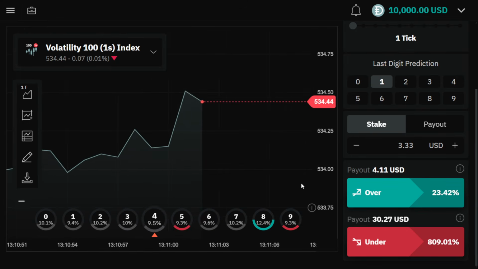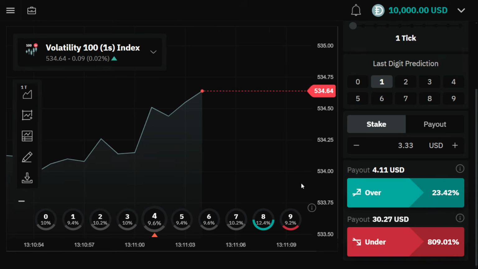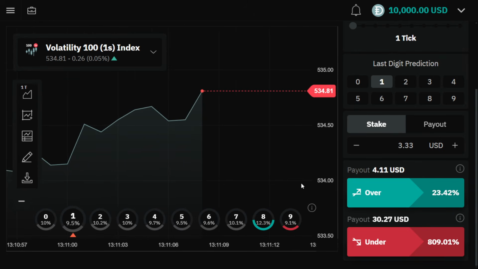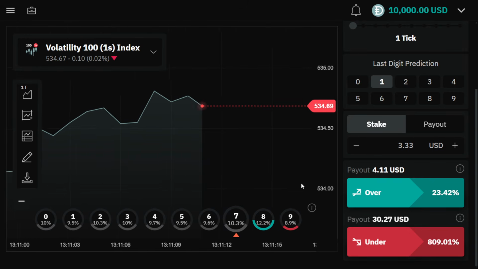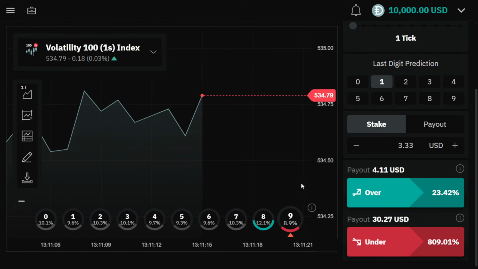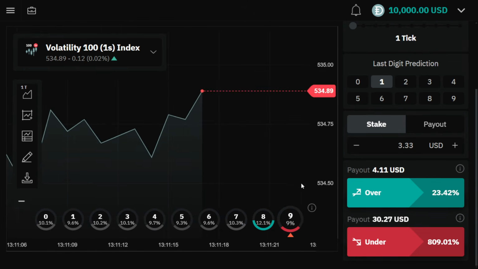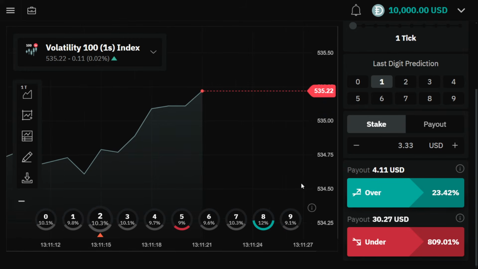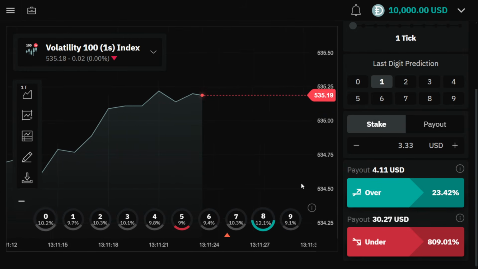When I say touches 1 and 0, if you see it has moved from 1 and then it moves to 0, place over when the ticker is on 0. And when I say wait for the ticker to touch 1, just press over when the ticker is on 1. So be careful, guys.